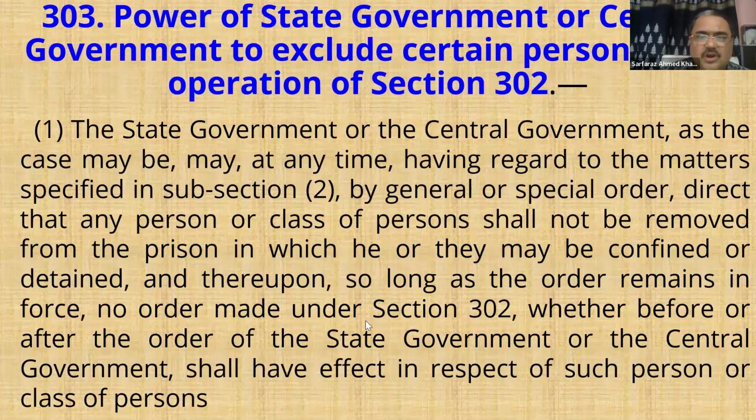The state government or central government, as the case may be, may at any time, having regard to the matters specified in subsection 2, by general or special order direct that any person or class of persons shall not be removed from the prison in which he or they may be confined or detained, and thereupon, so long as the order remains in force, no order made under Section 302, whether before or after the order of the state government or the central government, shall have effect in respect of such person or class of persons. So the state government gets some upper hand in respect of the prisoners who are in the prison.